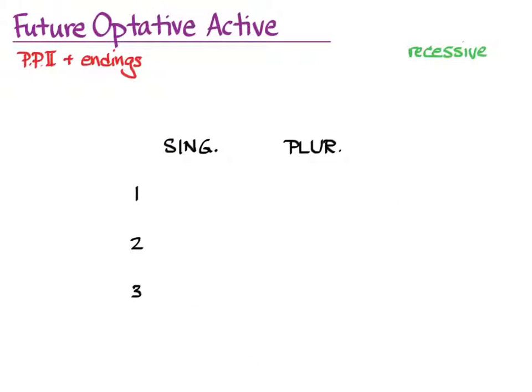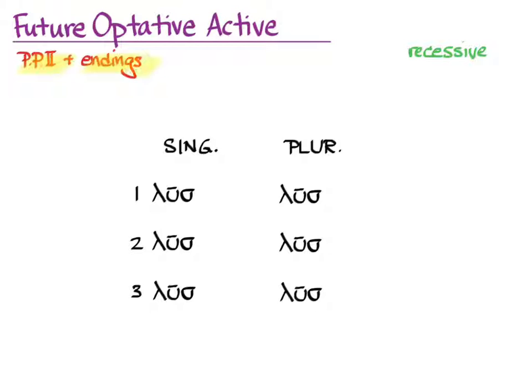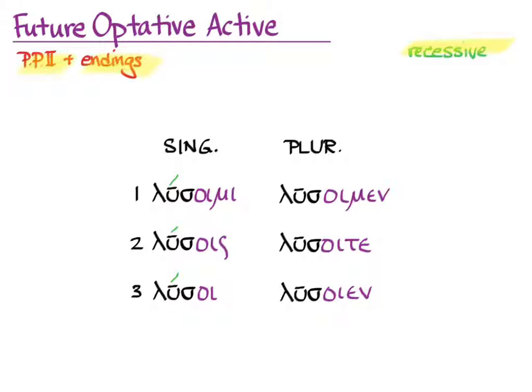So, if we put the stem together with the endings, we will get these forms, which we will then add recessive accent to, and we'll get lusoimi, lusois, lusoi, and here again, in the third person singular, the omicron iota at the end of a word unusually does count as long, which accounts for that acute staying there in the second to last syllable.